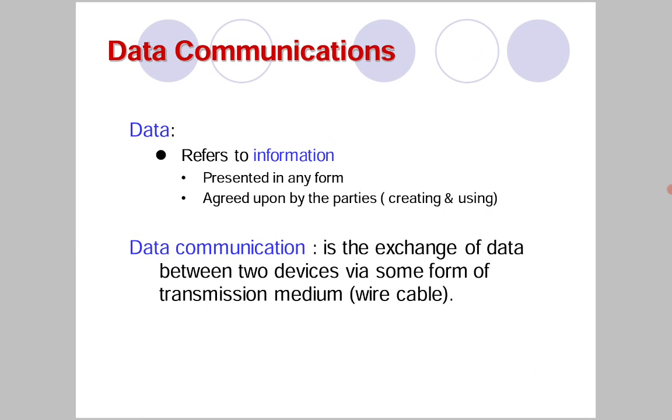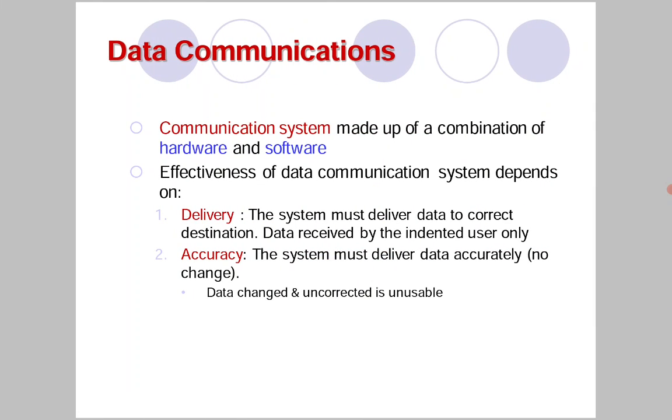So data communication is mainly used to transmit data, information or files from one place to another, from one person to another, or from one device to another by using some physical media like wireless media or cables. A communication system is made up of a combination of hardware.